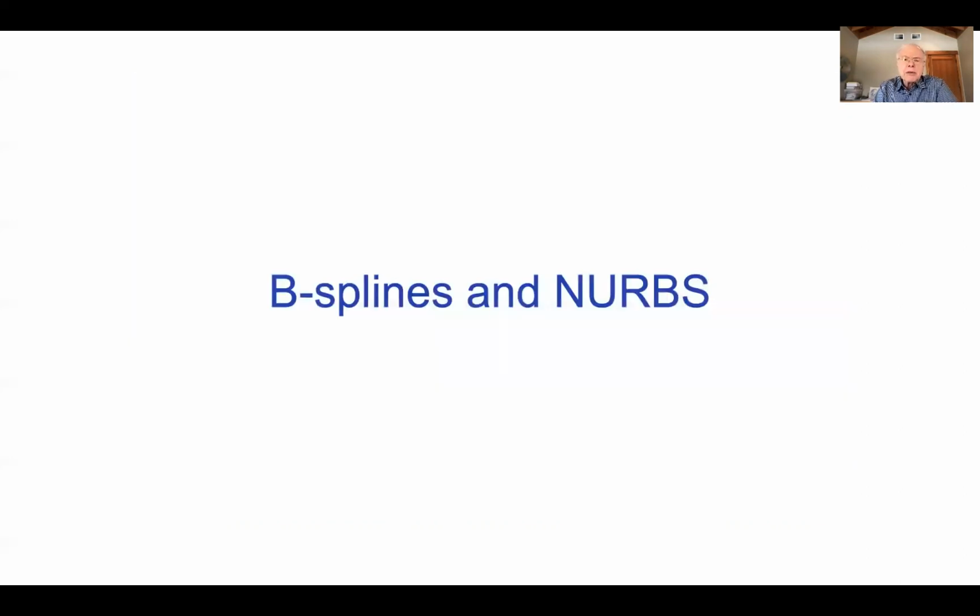So let me give you some insight into the technologies that are used, because in some sense, B-splines and NURBS are common underpinnings to all the different more elaborate technologies now, the unstructured spline technologies like U-splines and S-splines, T-splines.